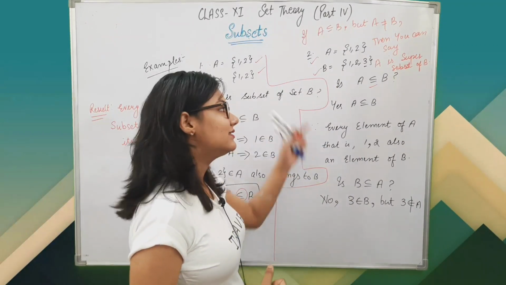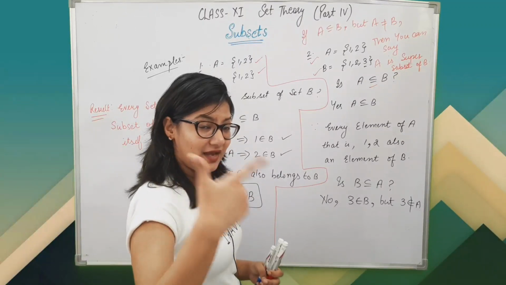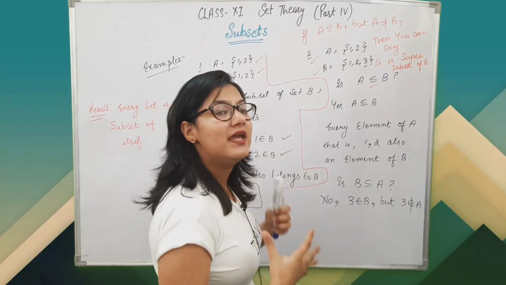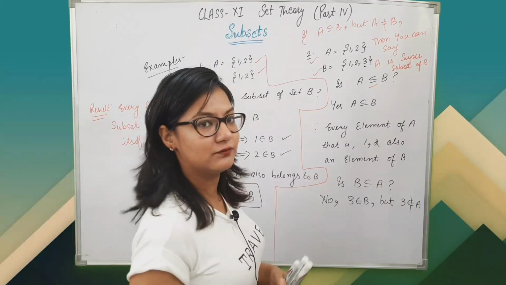This is a subset, but it has a unique thing, that they are not equal. That's why A is not only a subset, it is a proper subset of B.